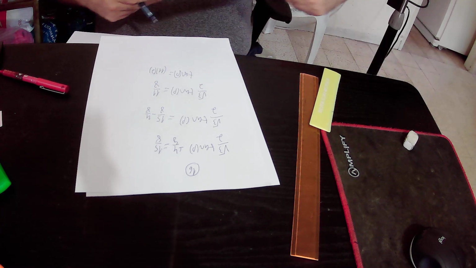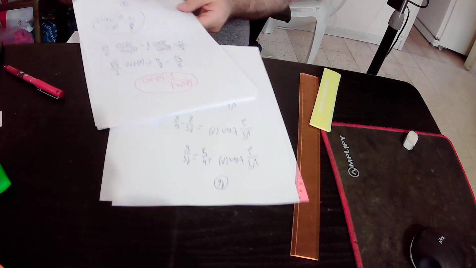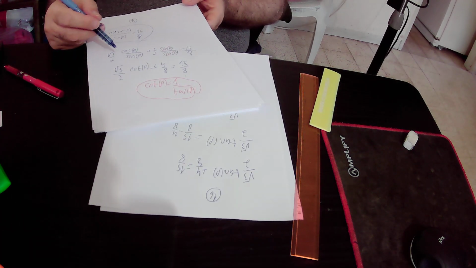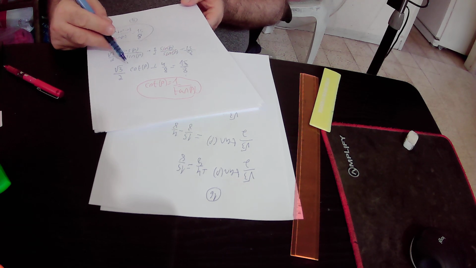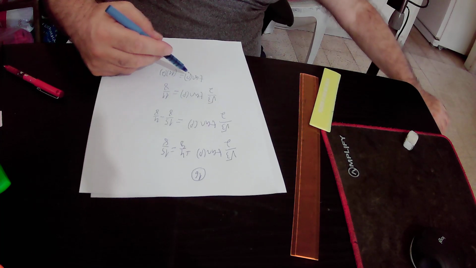Actually, here cotangent p is 1 over tangent p, so we have cotangent p in the numerator, so tangent p will be in the denominator.